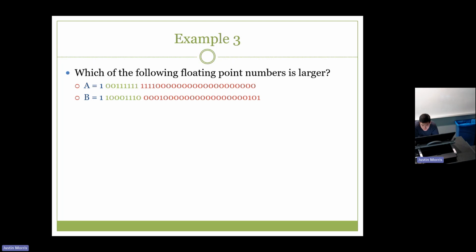I thought larger meant positive. Basically, there's a smaller one. So it's negative. Yes.